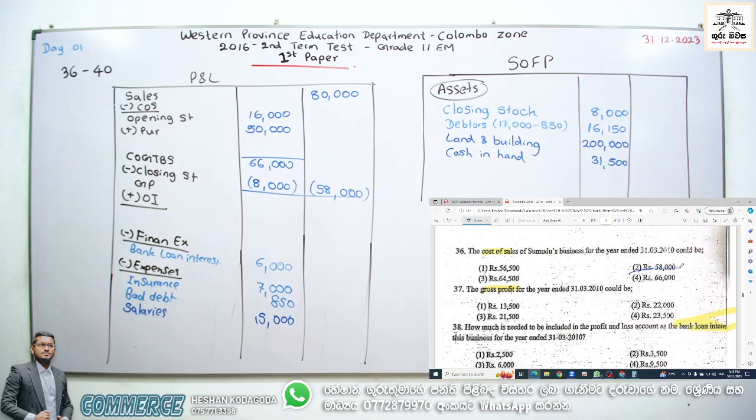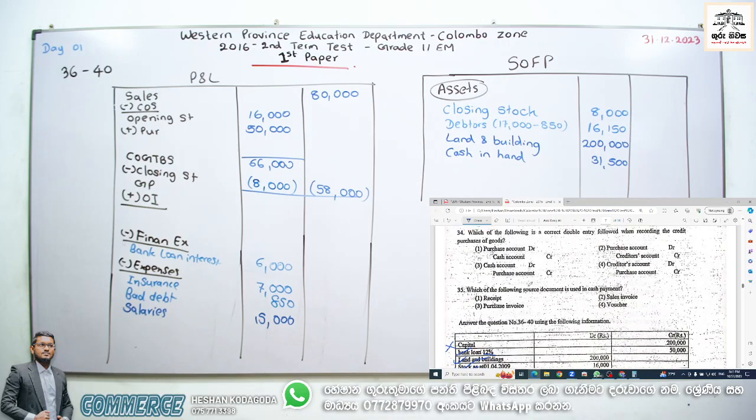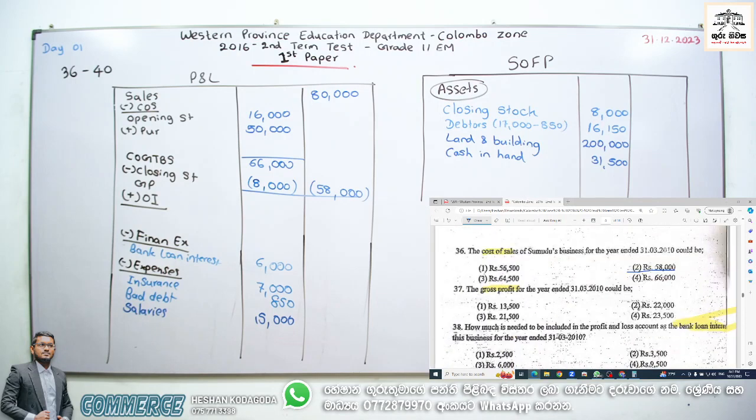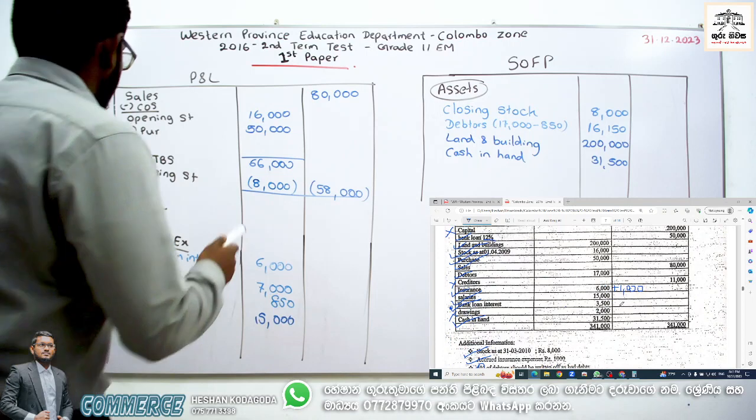Yeah, number 2. This is the answer. Right? So once we deduct 58,000 from 80,000, you know it's 22,000. Gross profit 22,000. Number 2. Gross profit 22,000.